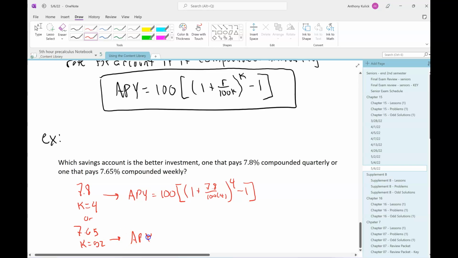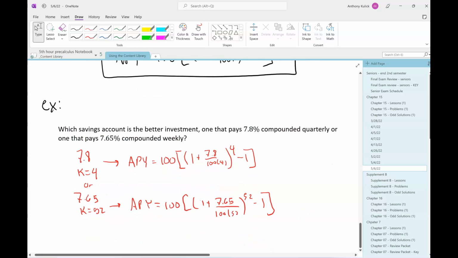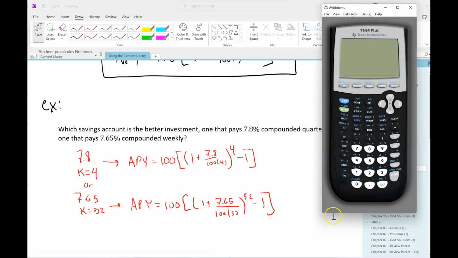And we'll set up both of them, and then we'll go to the calculator. Everybody's cool with how I plug things in, right? R and K are the only two inputs, so it's a pretty easy formula.